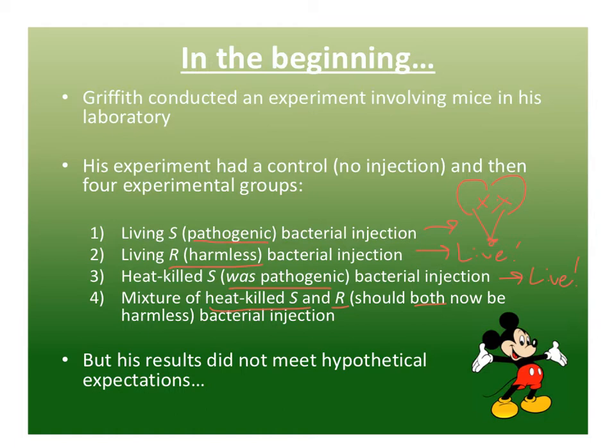Living bacterium that is not pathogenic, and then some dead bodies of a bacterium that used to be. So again, we would expect that these mice probably also would live. Now what's interesting is that the results Griffith got did not match up with these hypothetical results.